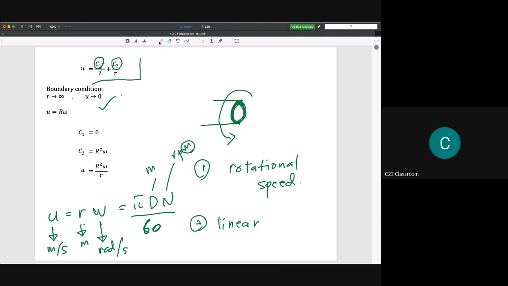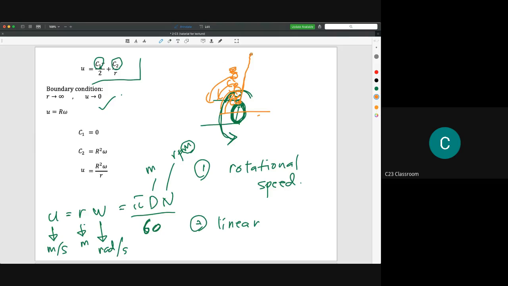The situation is like this: you have a cylinder here, and the cylinder rotates at a certain velocity, and then it will influence the molecules of fluid beside it, near the rotating cylinder, to rotate along this direction. However, the farther the distance, the influence becomes lesser and lesser.